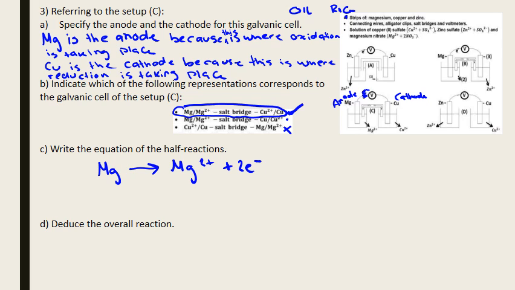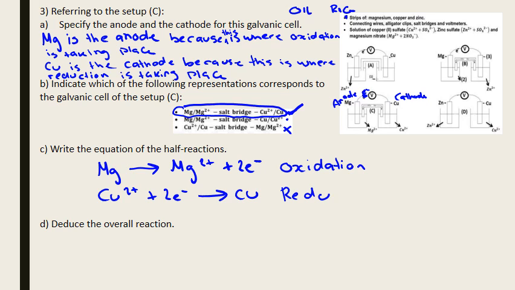So this is the oxidation half reaction, and then we have Cu2+ plus 2 electrons that we got from the magnesium to become Cu. So this is the reduction half equation.